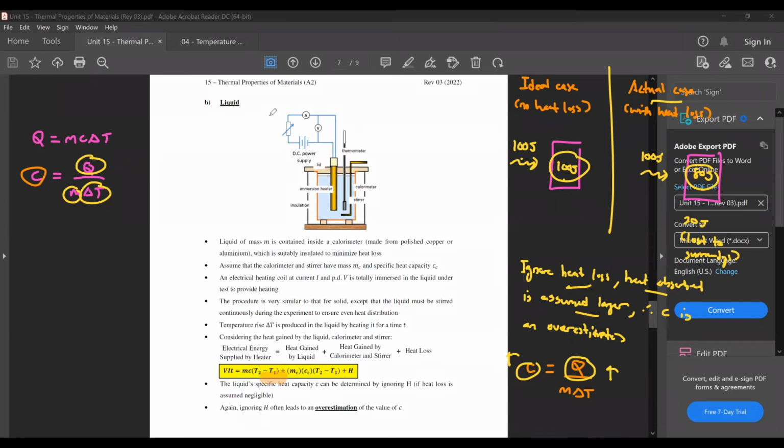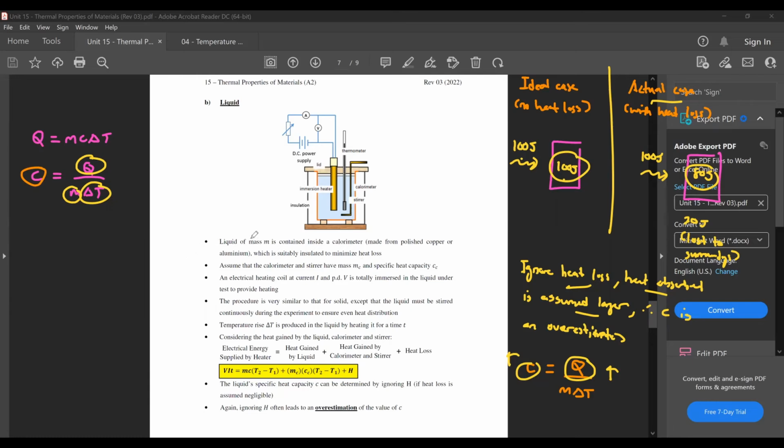You normally need to contain it inside a container, right? So when you want to find out the specific heat capacity of a liquid, you need to put it inside some sort of container in the first place in order to hold the liquid. So the only change you will make compared to that of a solid is the addition of a container.